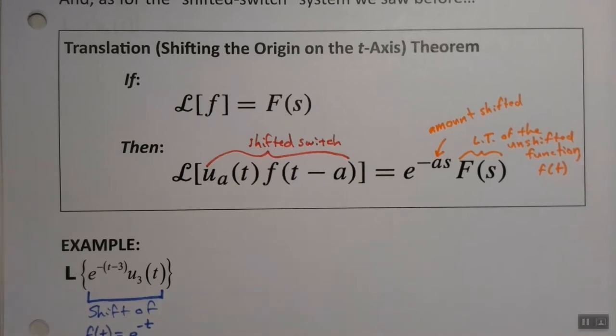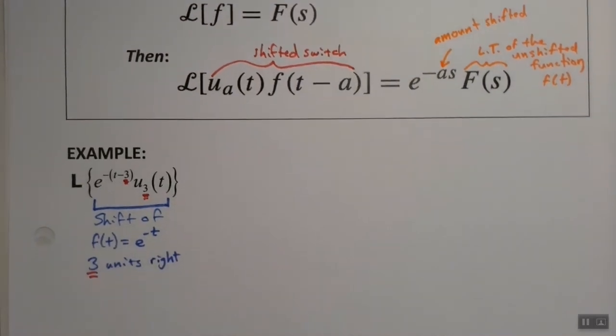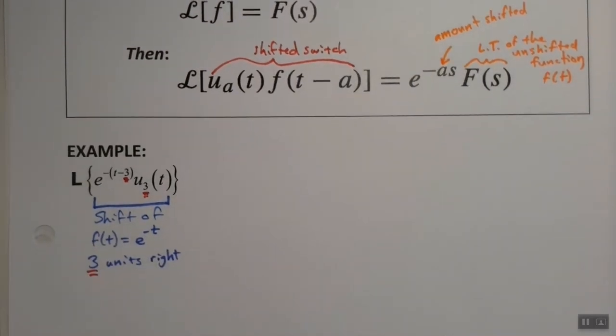And we can tell it's 3 units because it's right there and it's right there. It's the same value in the transformed function as it is in the Heaviside function. So what we're going to do now is use our formula from up above.